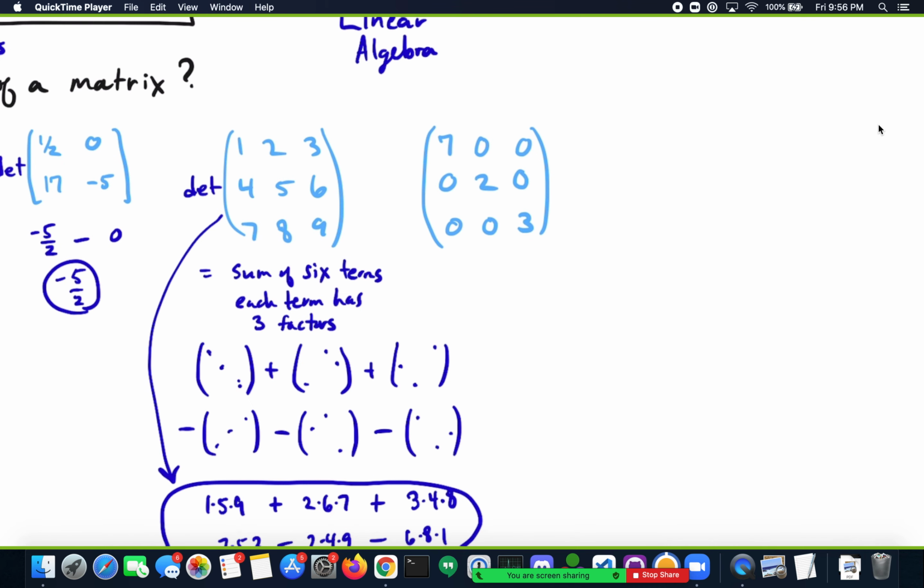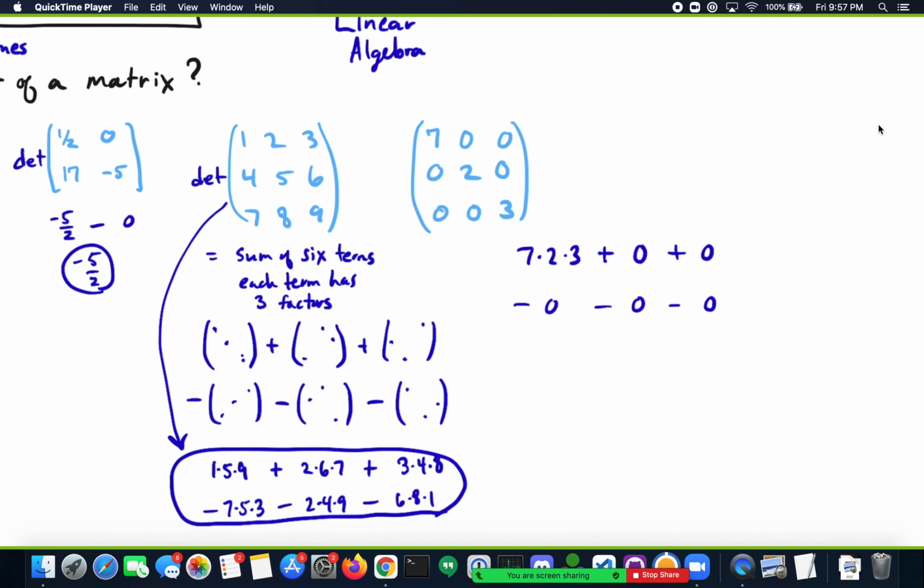Okay, so the determinant of this matrix is really easy because we start with 7 times 2 times 3 plus 0 minus 0 minus 0 minus 0. And in each of these patterns, even if there's just one 0, if you multiply them all together, they're going to be 0. So the only thing that's non-zero is this term.